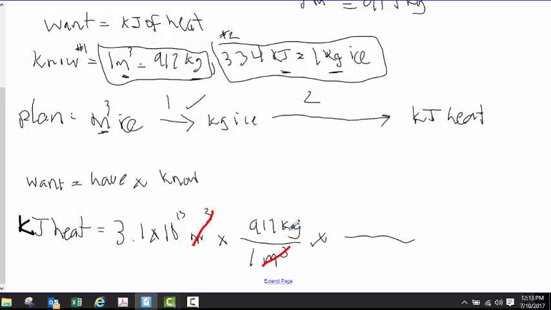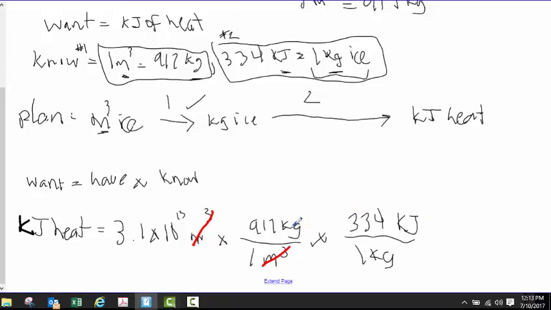So because kilograms is in the numerator here, I make sure that I put this half of the conversion factor, the 1 kilogram of ice, in the bottom of my conversion factor so that it cancels. The other half of that conversion factor, 334 kilojoules of heat, is going to go in the top. And again, let's cancel those units that are canceling.